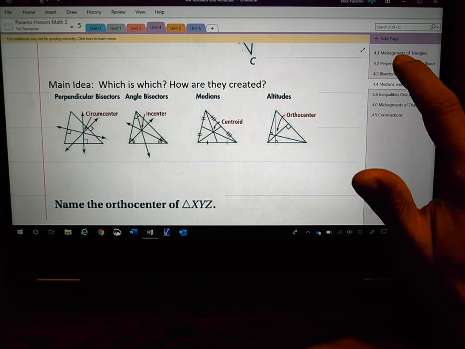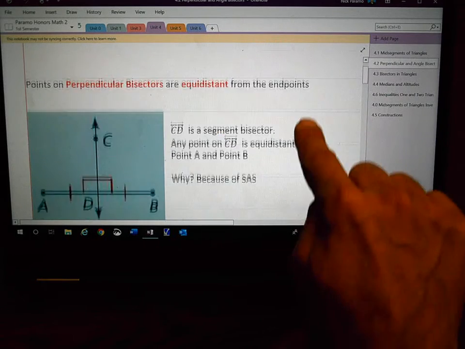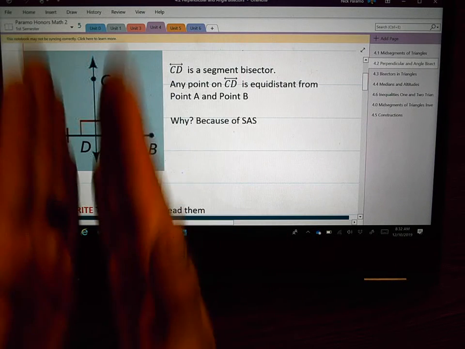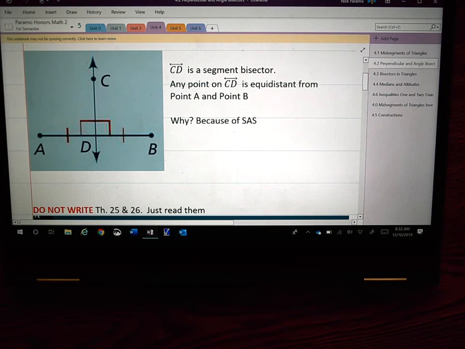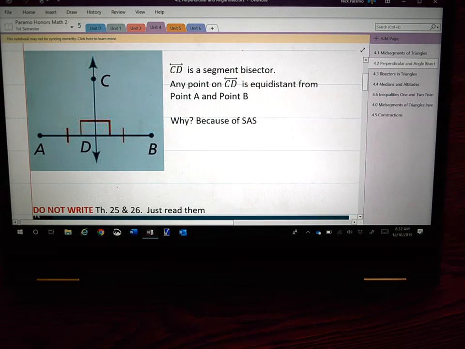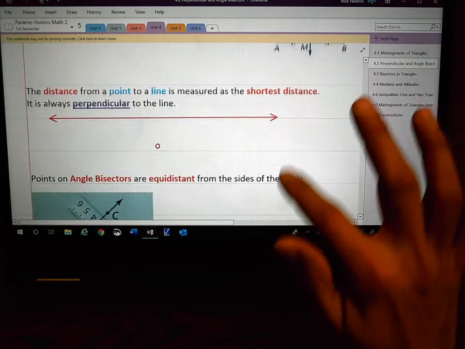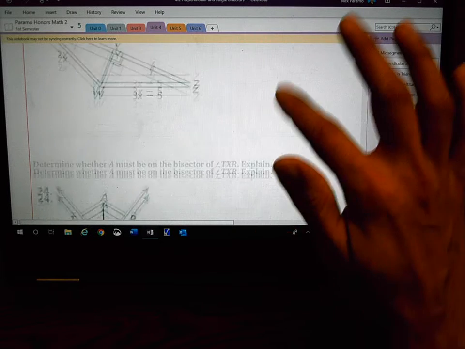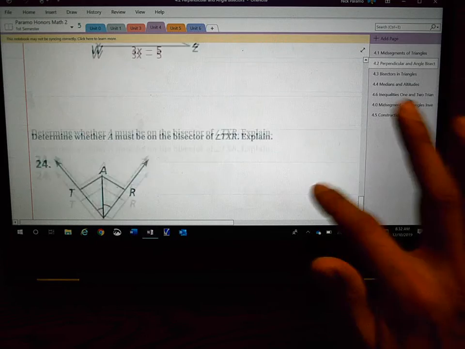So let's go back to Section 2. In Section 2, we learned about perpendicular bisectors and how if something was on the perpendicular bisector, it was equidistant to the endpoints. And it didn't matter where you were on the perpendicular bisector, it was still going to be equidistant to those endpoints. Which is why, if you had perpendicular bisectors of a triangle, oh, it doesn't even have it there.